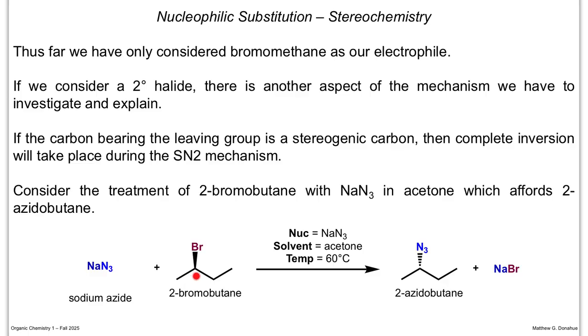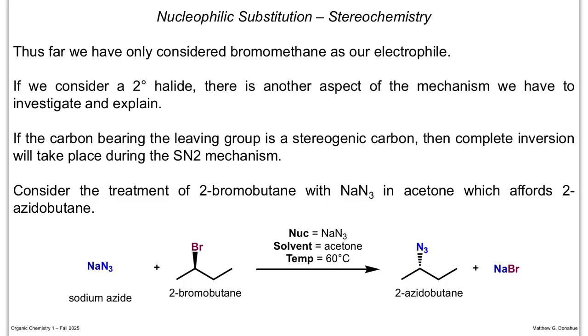As we go through this and you do problems, we'll talk about the CIP designation of R and S. For the most part, when you make an assignment of R versus S, then you do an inversion. It will flip one way to the other. But you do have to be careful with just assuming that, because the nature of that nucleophile will matter, like what element is bonding to the carbon.